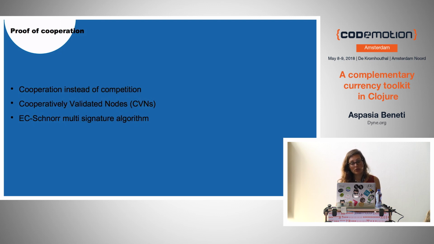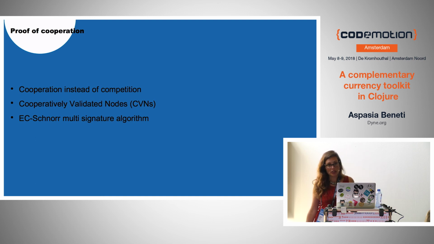There are some special nodes called cooperatively validated nodes. These are the nodes that can create the next blocks. Everybody can run one of those, and they create them in cooperation. They all create part of a key. That's why they also use a multi-signature algorithm. Each one creates part of a key, and the one that is finally selected to create the next block combines all these keys and signs the block.